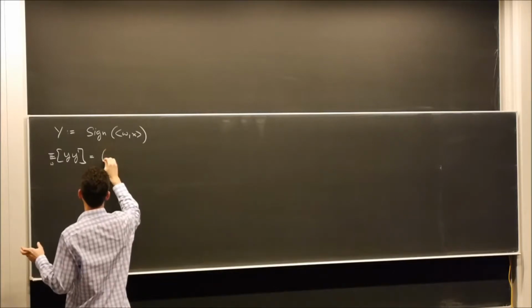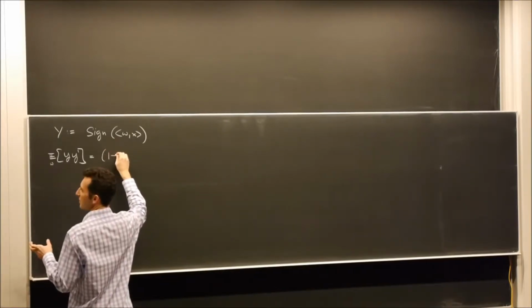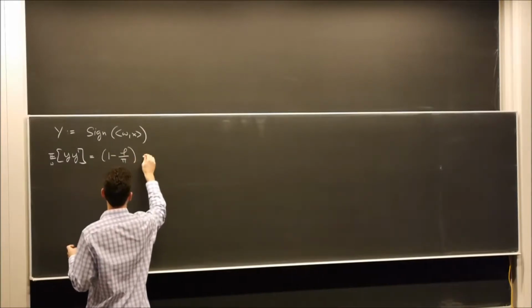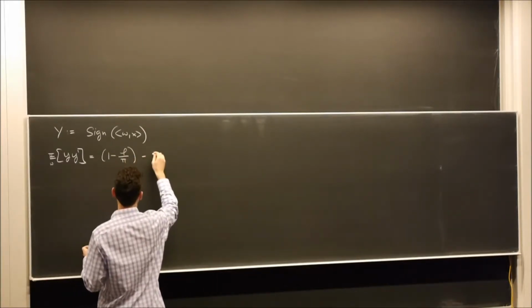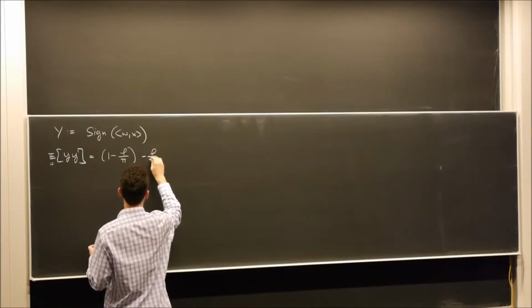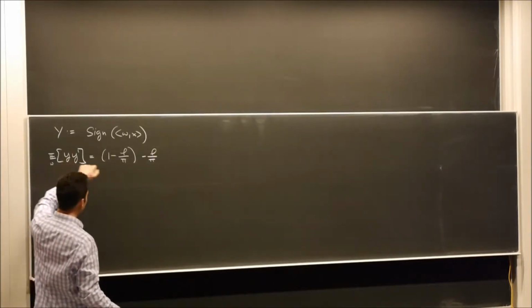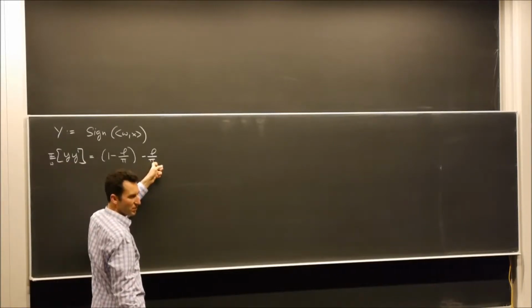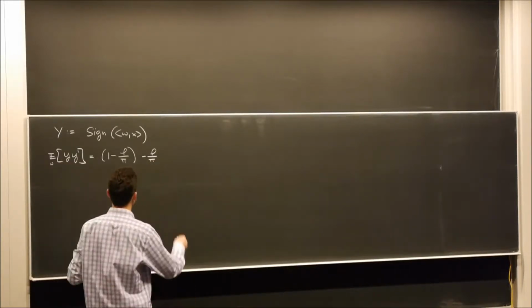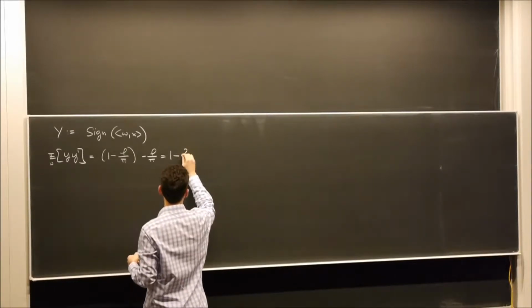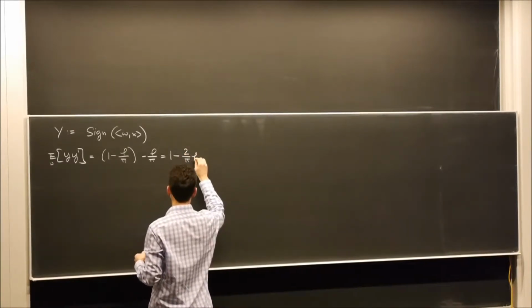So this would be 1 minus phi over pi, minus then phi over pi. That's basically the probability that the two signs match. This is the probability that the signs do not match, in which case I get a negative contribution. So it's basically just 1 minus 2 over pi phi.